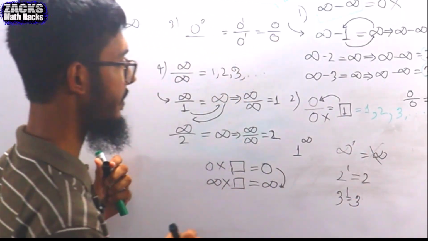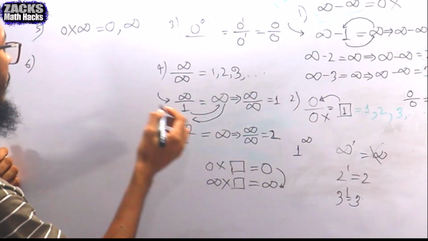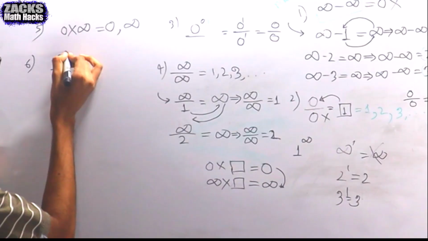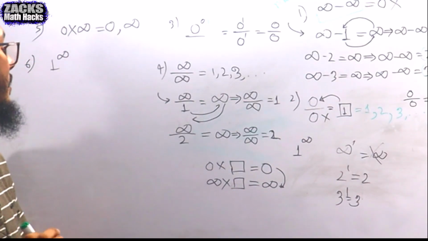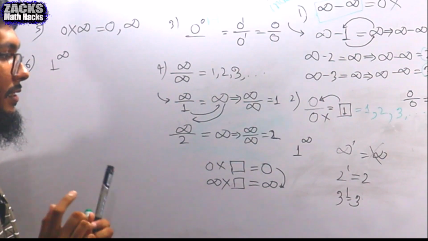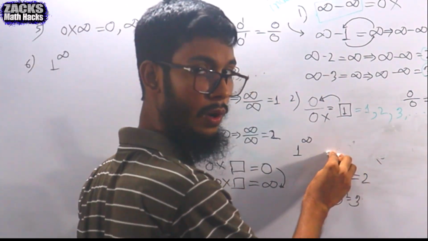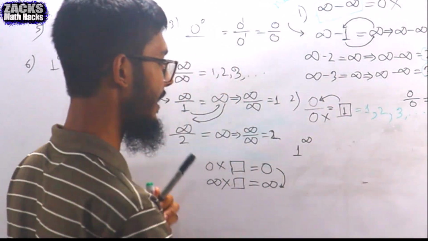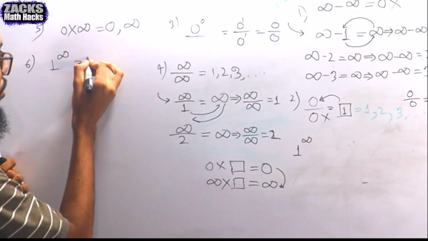Okay. So if I asked you the same question, 1 to the power infinity, now tell me what is the answer? You are thinking that certainly it is 1. What is our logic?